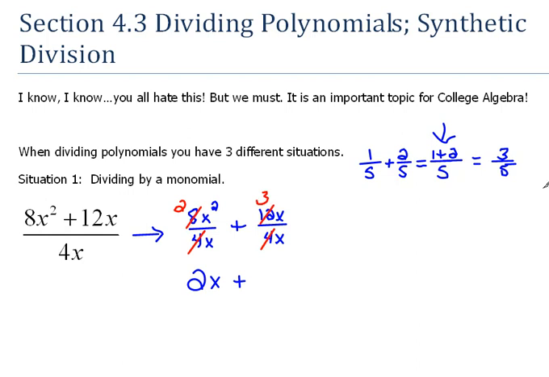And then dealing with our x's, you can either use your rule, divide like bases, subtract the exponents, so 1 minus 1 would be 0. Or you can look at it as just reducing. You've got an x on top and an x on bottom that will cancel each other out. So our second term is just a 3. Therefore, the answer to this division problem is 2x plus 3.